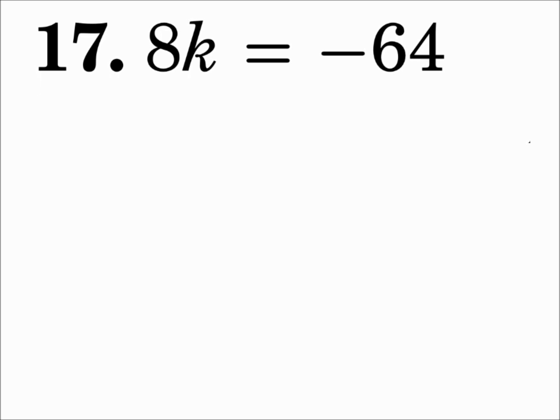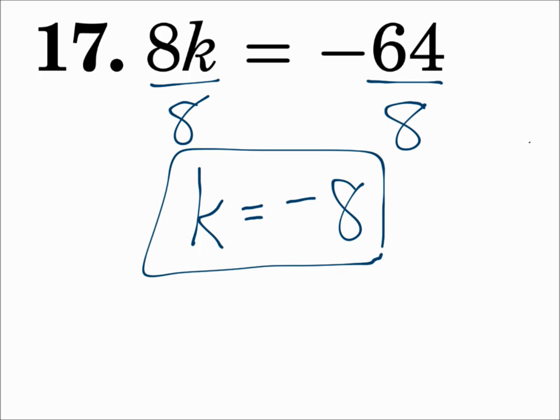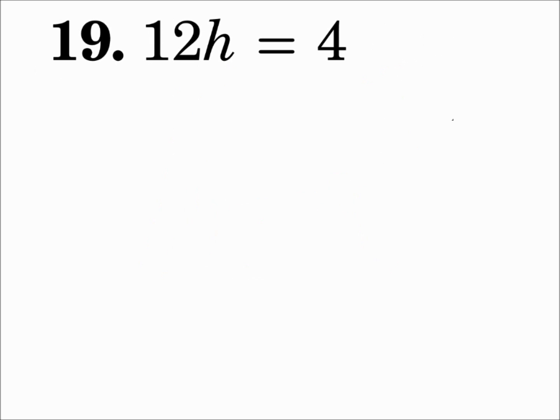17. 8k equals negative 64. That's 8 times k. So do the opposite and divide both sides by 8. The 8's cancel on the left, leaving k, and negative 64 divided by 8 is negative 8. Number 19. 12h equals 4.